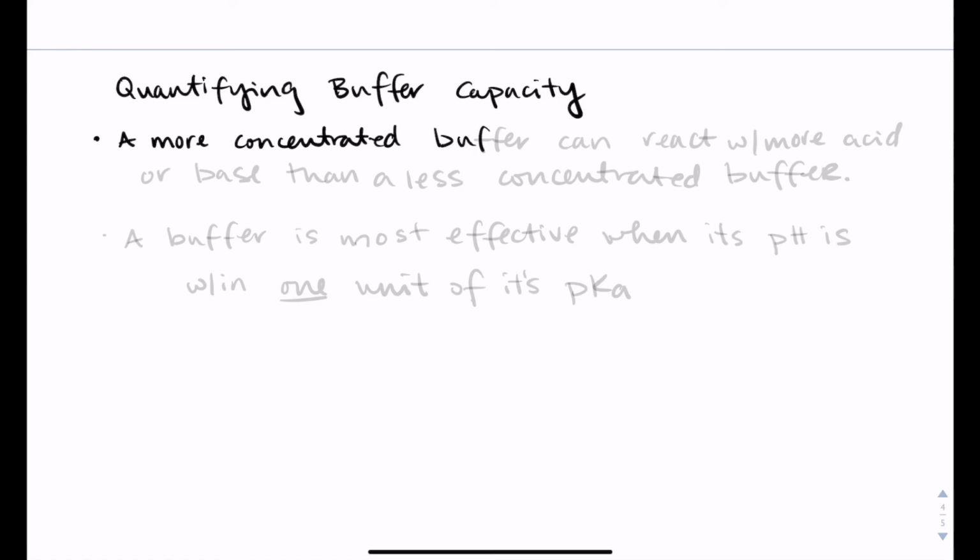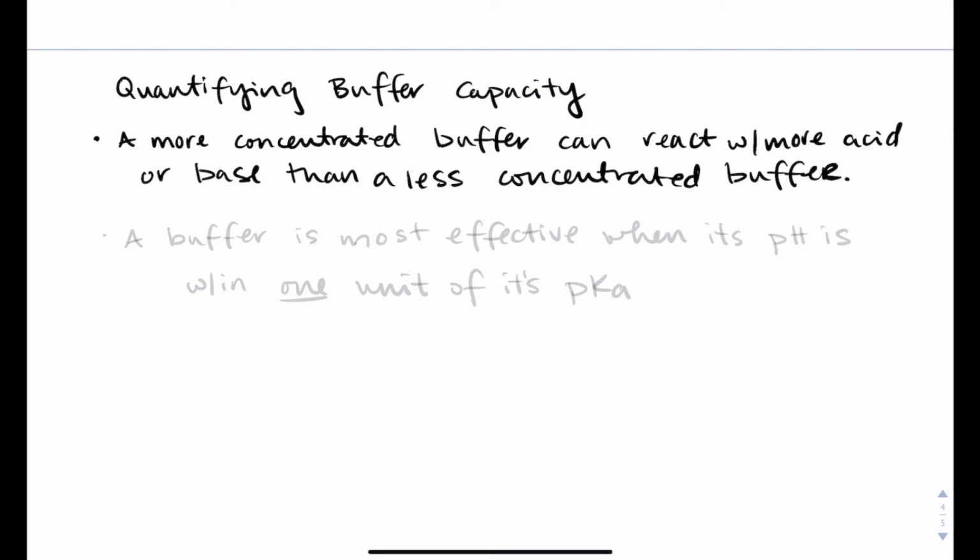So we had an example with 0.25 molar each of the acid and the conjugate base. If you had 1 molar each of the acid and the conjugate base, you would be able to put objectively more of the acid or base into that buffer to get a reaction.